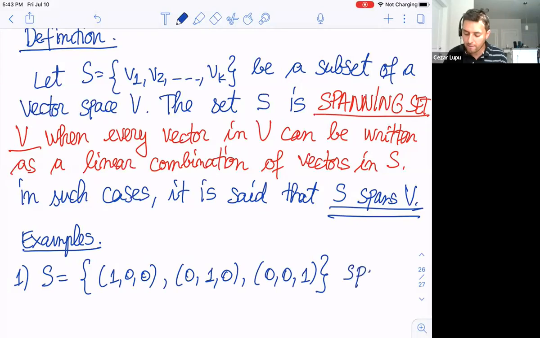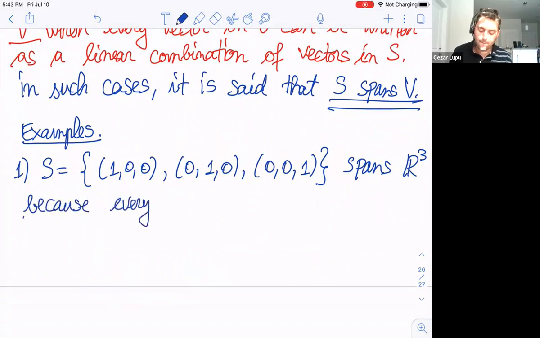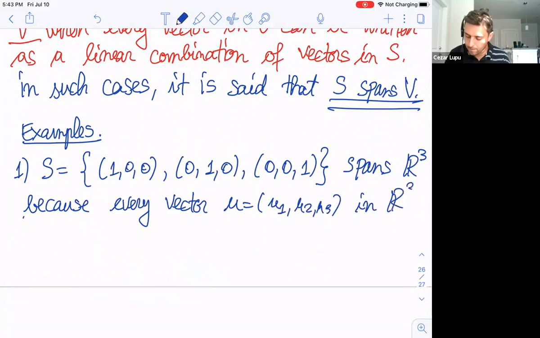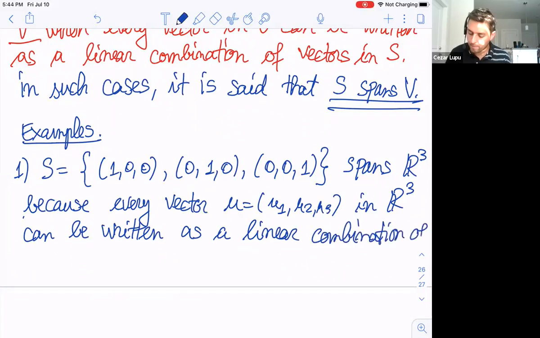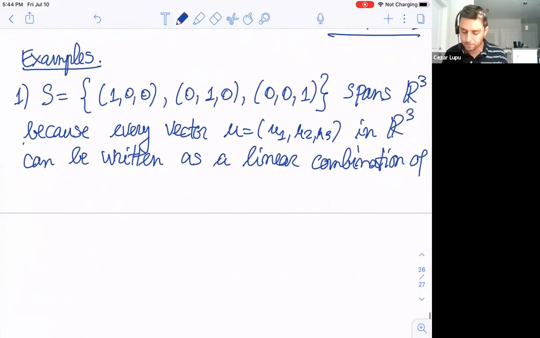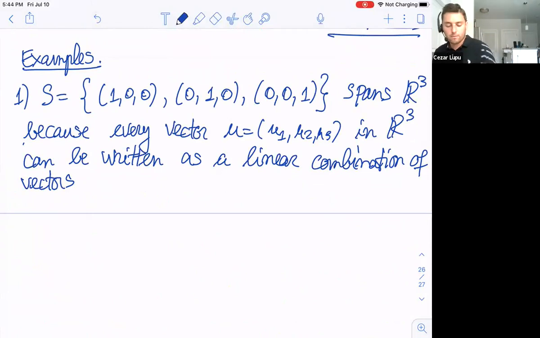This set S spans the whole R3 because every vector, let's say u with components u1, u2, u3, in R3 can be written as a linear combination of these vectors.